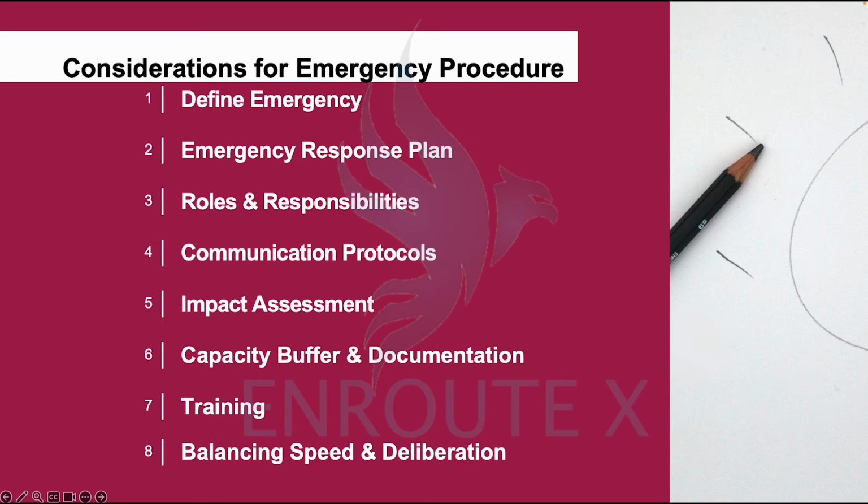An emergency procedure would have been set beforehand. Business would have determined what the emergency procedure is. So we would have identified those likely emergencies. Second, what then is the emergency response plan? How do we respond to that emergency?